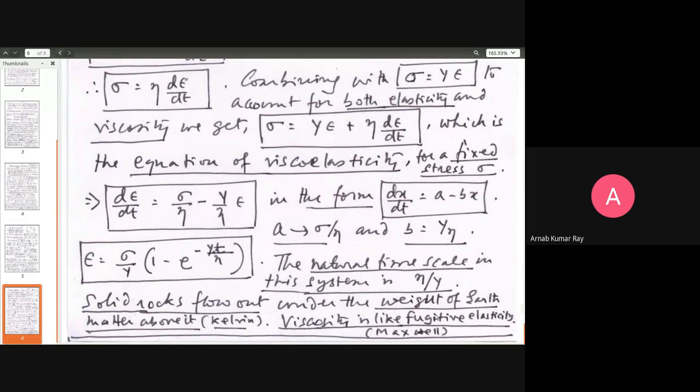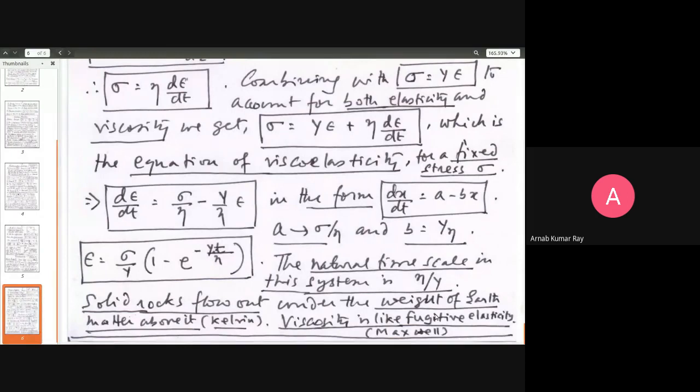It is as if these things, although we experience them as liquid, under certain conditions behave as if they are solid, right? So Maxwell gave the viscosity of such materials the name fugitive elasticity. Fugitive elasticity meaning hidden elasticity. Fugitive meaning somebody who has taken refuge, somebody who is hiding, right?